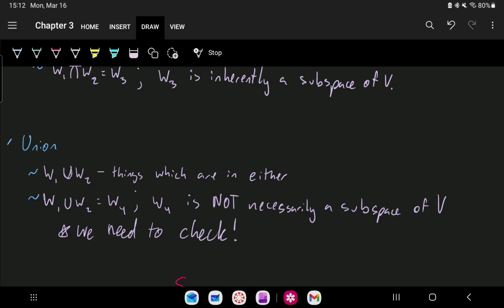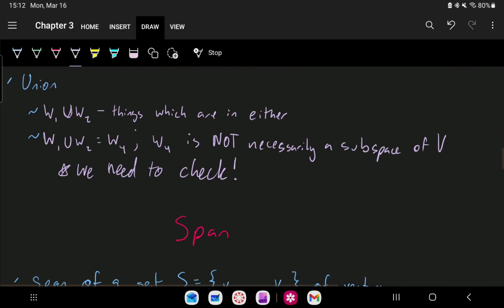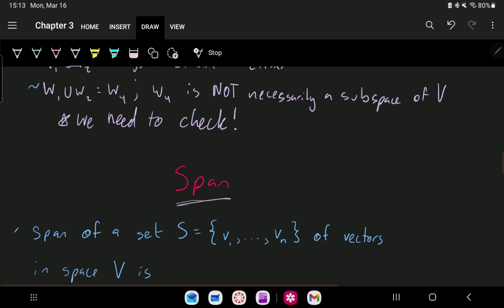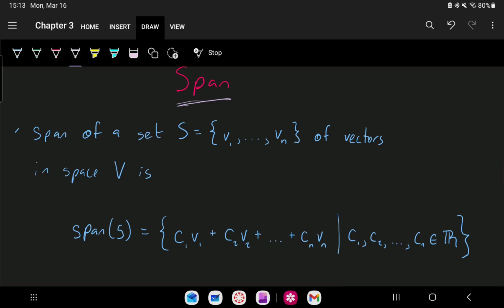However, based on this section and based on the work that I've done looking ahead and continuing on this course, the really important thing from this section is actually going to be span, right? We're getting into the big guns now. So, in order to define span, we need to remember linear combinations, right?